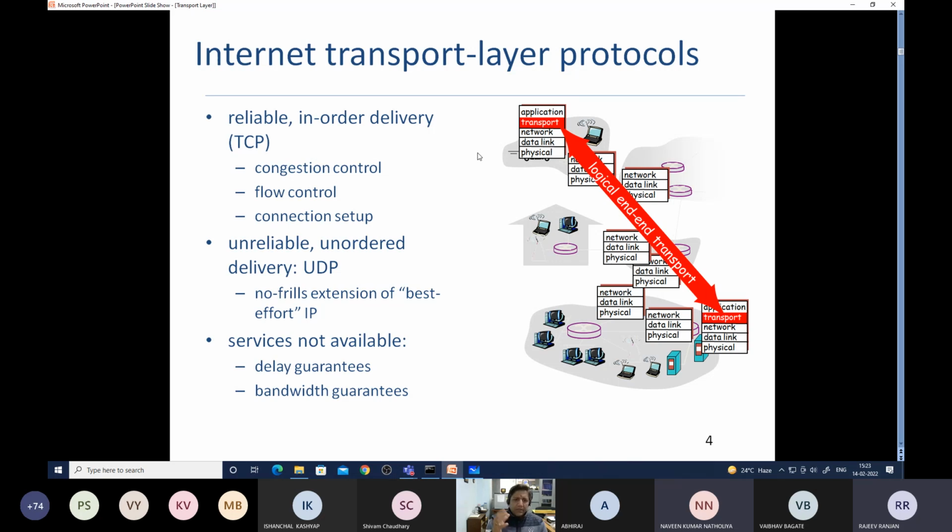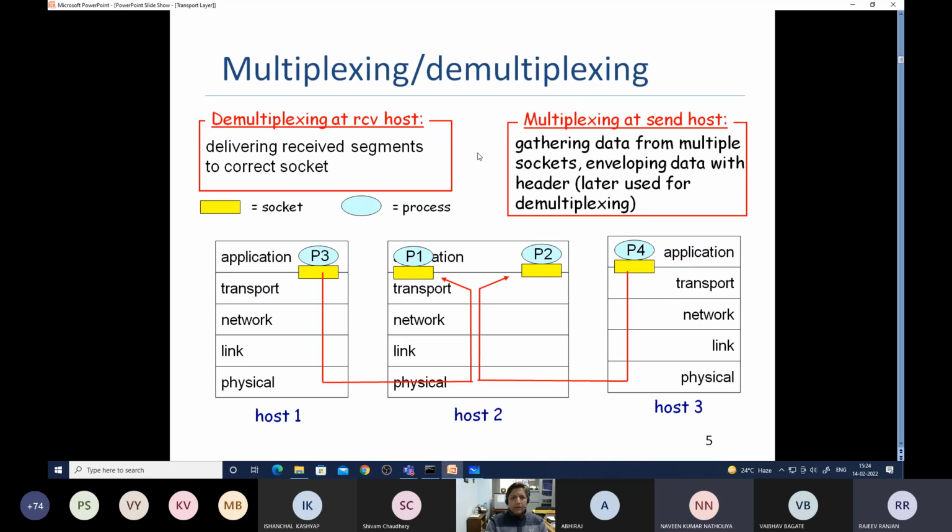When you talk about TCP, it can hide all the problems due to the unreliable internet. UDP is not going to provide you anything extra. It is just a no-frills extension of best effort IP. But both these protocols cannot provide you delay or bandwidth guarantees. An important aspect is multiplexing and demultiplexing.